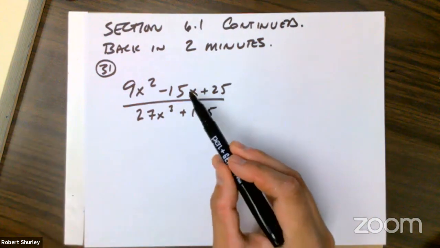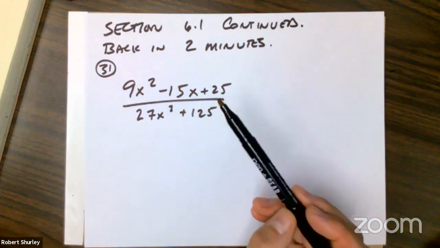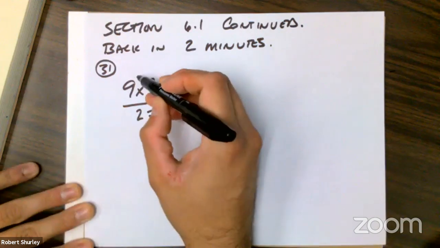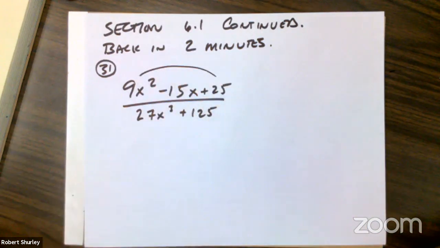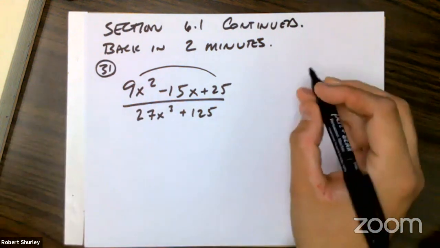So the numerator here is a big factor, actually. So if we start, oh man, let's look at this. So 9 times 25 winds up being, let me get my calculator out. 225.